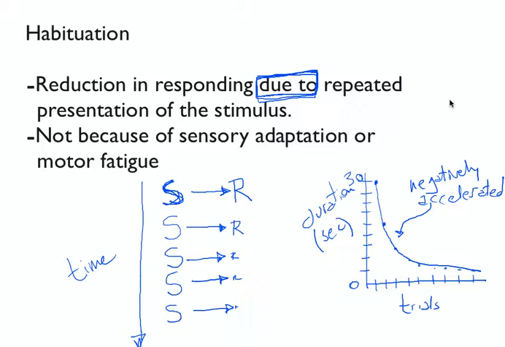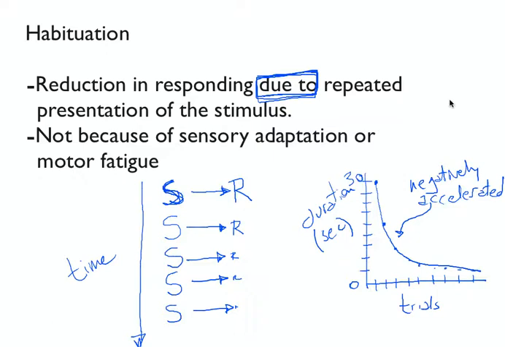One of the reasons why that might happen is because the infant is just fatigued, is just tired of producing that response in a muscular way. Not tired because it's bored, but tired because its motor system is less capable of producing that response, in the same way that we're unable to run 1 more mile after we've run 5 miles. No, it's fatigue in that sense, and that wouldn't constitute habituation. That would be motor fatigue.